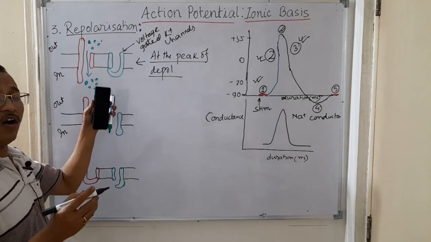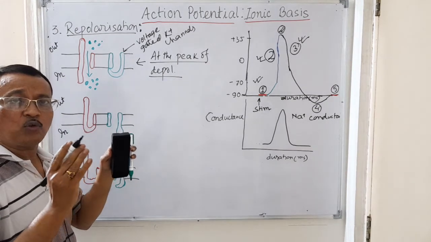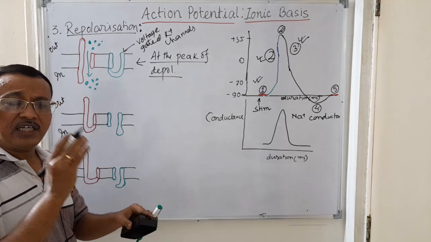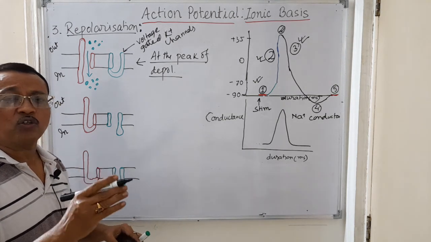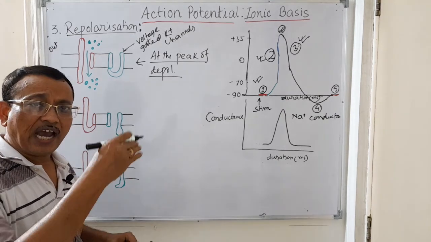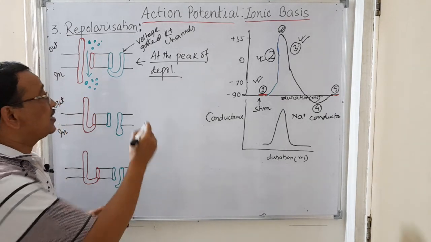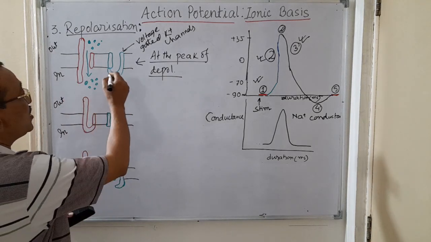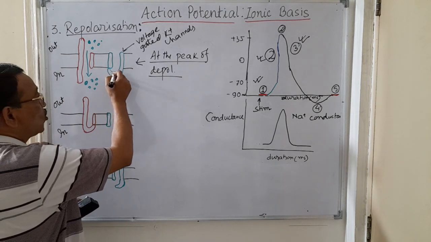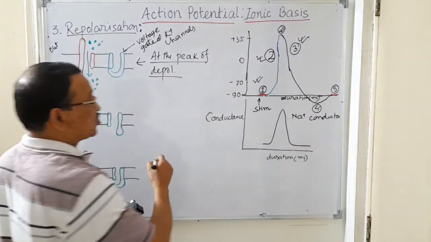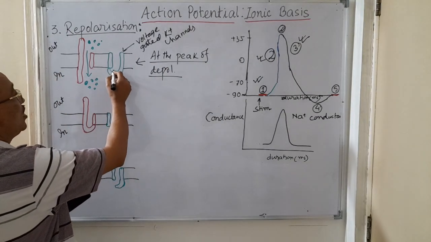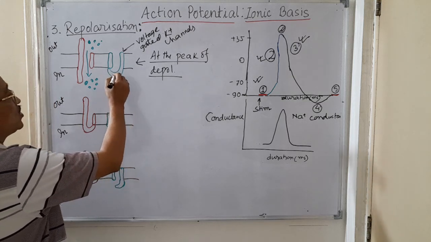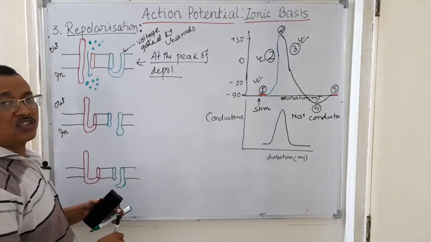These channels are also sensitive to voltage across the membrane; they open and close in response to changes of voltage. But they have only one gate, the inside gate, which was closed at the peak of the depolarization.